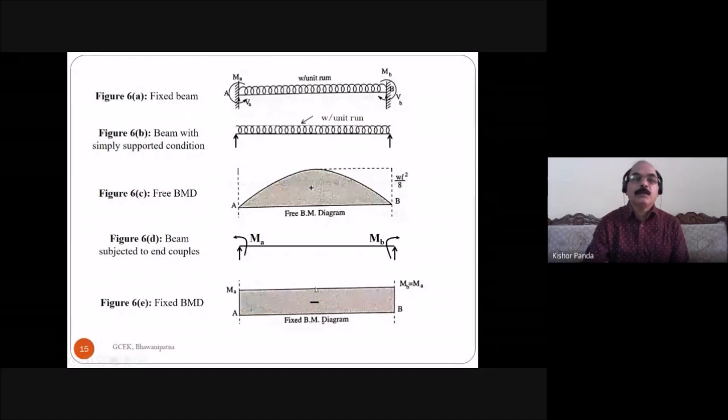Then by using the moment area method, you have to find out the bending moments MA and MB, where the area of the free BMD is A1 and the area of the fixed BMD is A2.